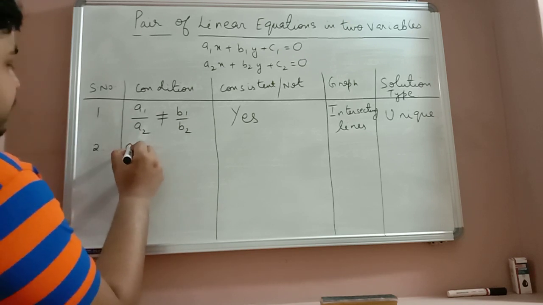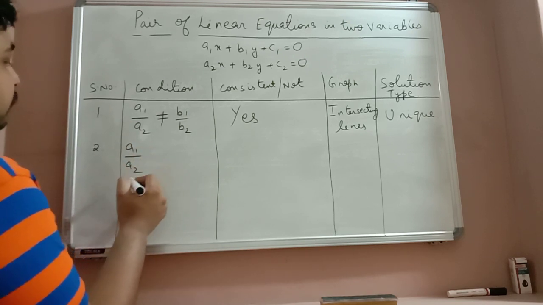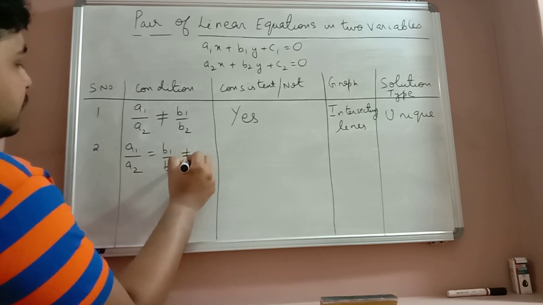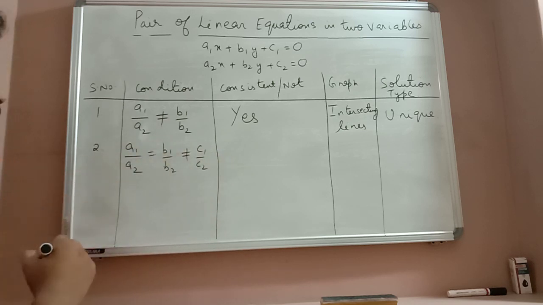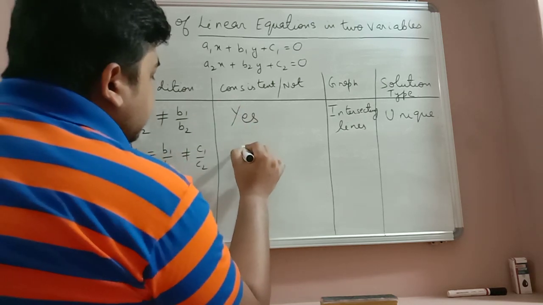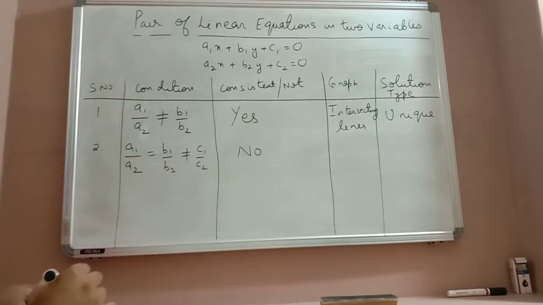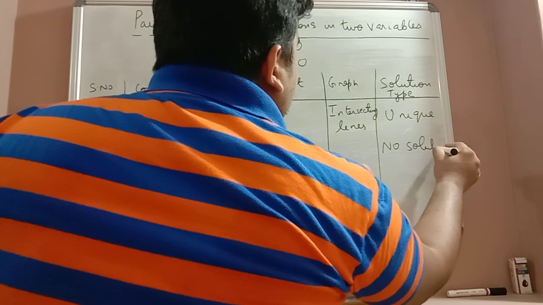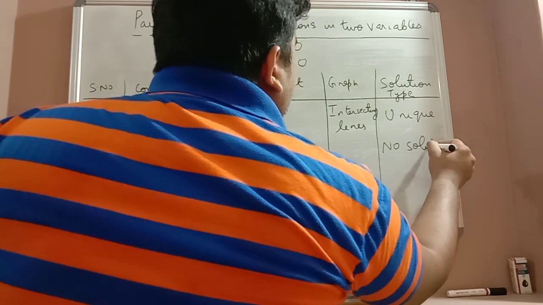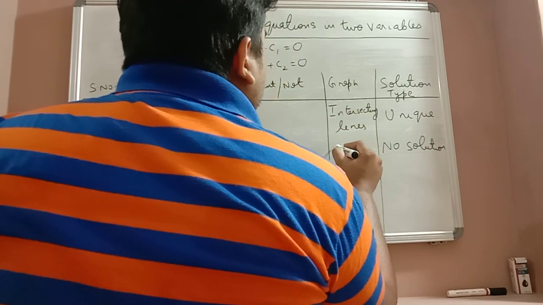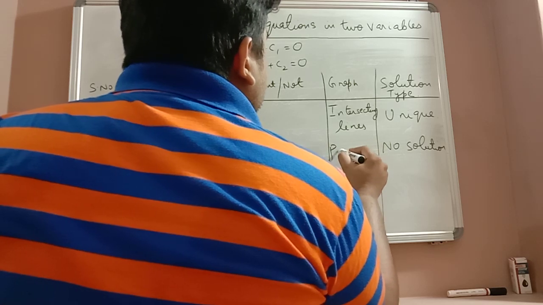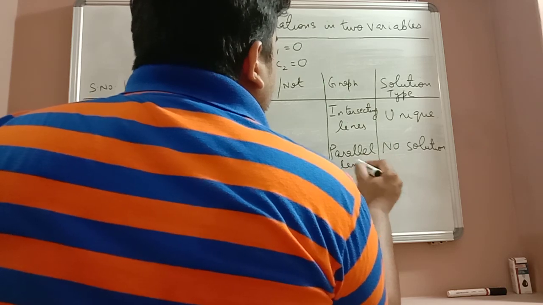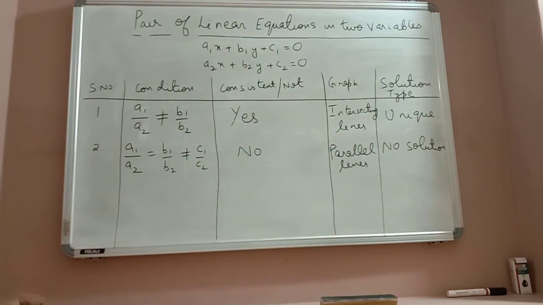The second condition is when a1/a2 = b1/b2 is not equal to c1/c2. In this case, the system is not consistent because there is no solution, and the graphs of the equations are parallel lines.